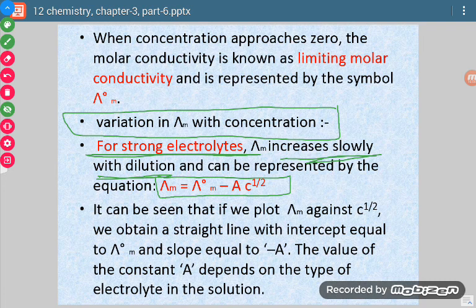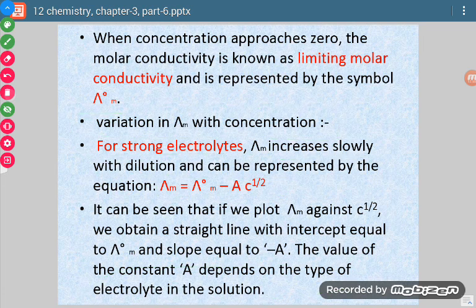Now here A is a constant. Its value depends on the type of electrolyte in the solution, which electrolyte we have taken and how it is furnishing the ions. On those factors it depends. So when we have to see its variation, we have to draw a plot between lambda m and under root c.